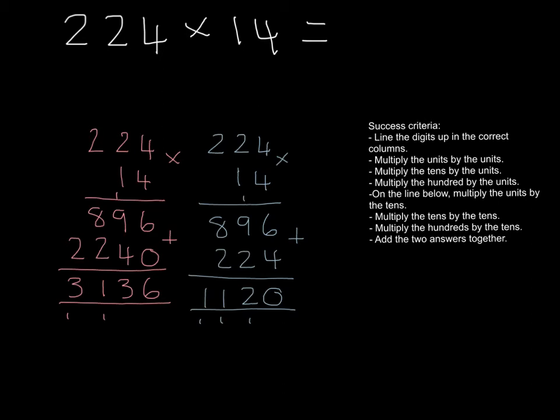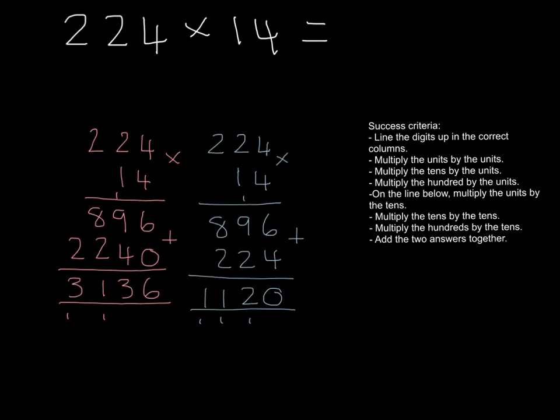However, on the line below, they have both multiplied the units by the tens. However, with the answer of 4 tens, the blue one has written this in the units column. This is not correct.